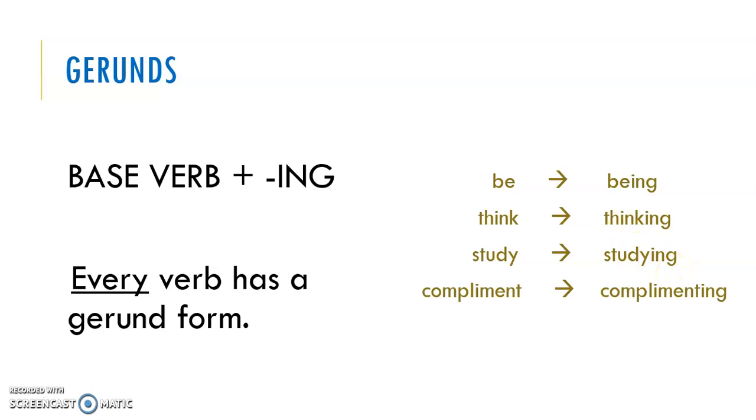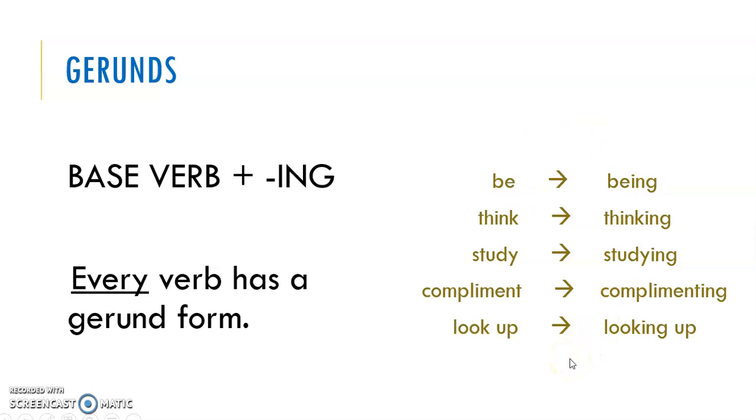Or one of our vocabulary words, compliment, complimenting. This is true with phrasal verbs too. So those verbs that have more than one word part. Look up, the gerund would be looking up. So notice we're just taking that base verb plus ing. And again, we can do this with any verb in English at all.